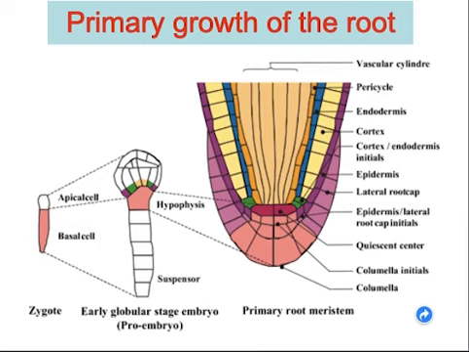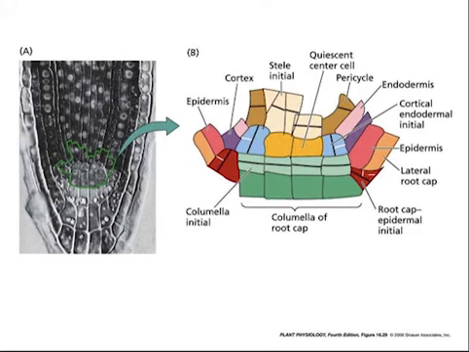The color code shows the different cell types. These cells will develop into different cell types, so the cell type here and here and here is different depending on the color code. You can see that there are different cell types in the root system.